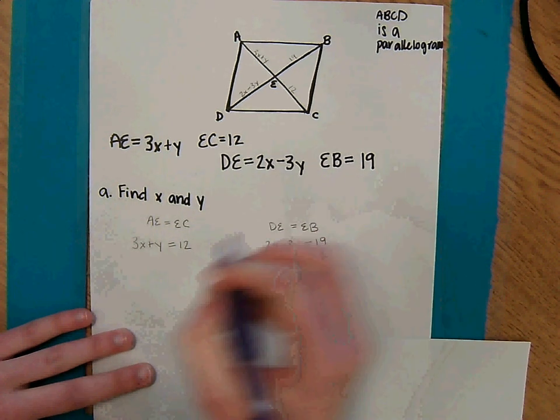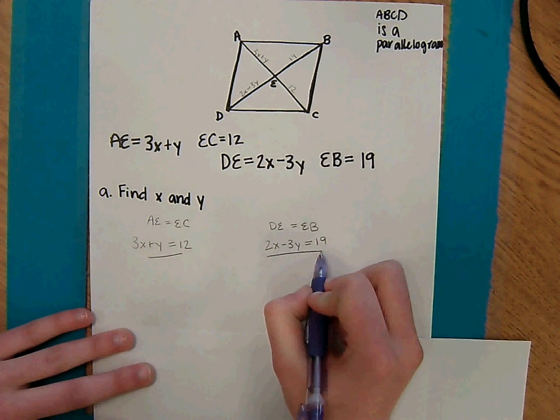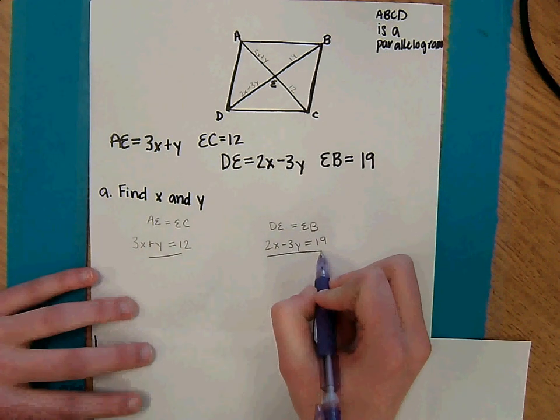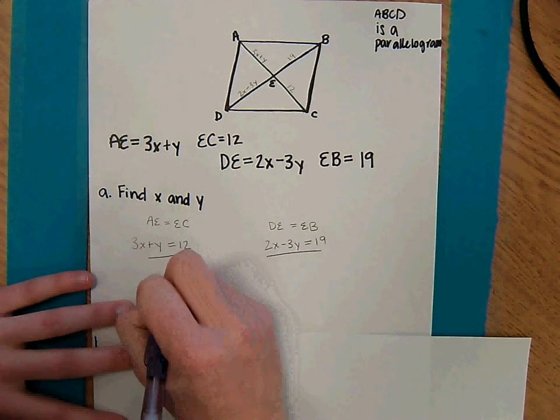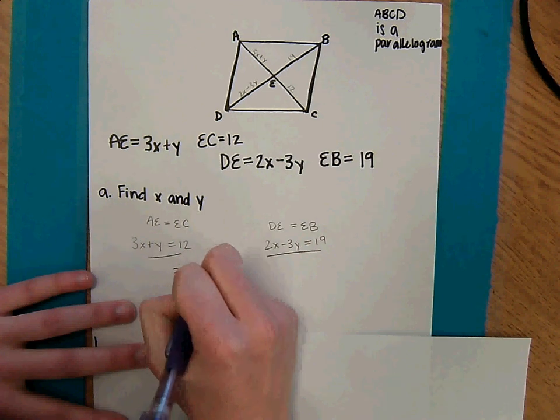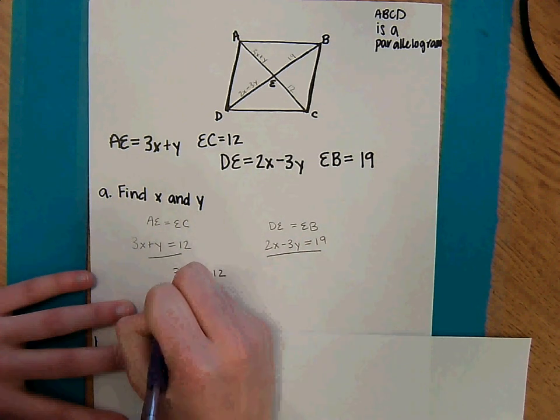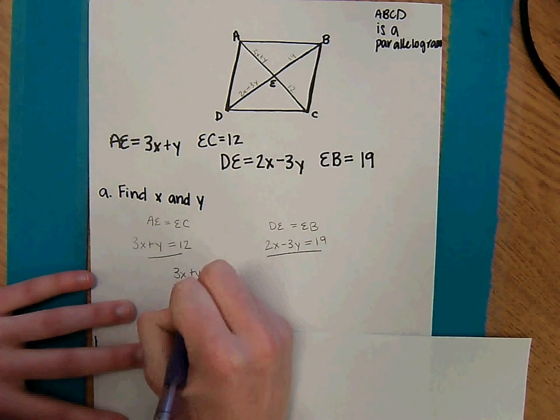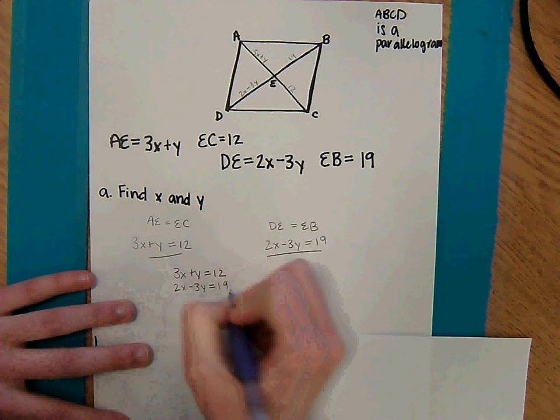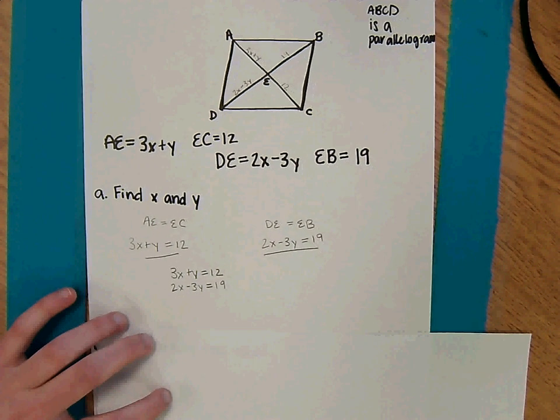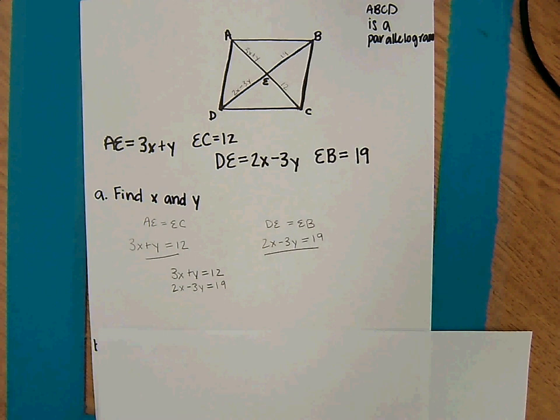And with these two equations, you're going to do a system of equations. So I'm going to go ahead and stack them. You have 3x plus y equals 12, and then 2x minus 3y equals 19. I'm doing the elimination method, so you have to find a variable to eliminate.